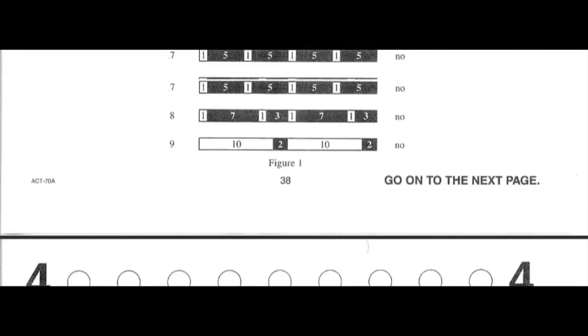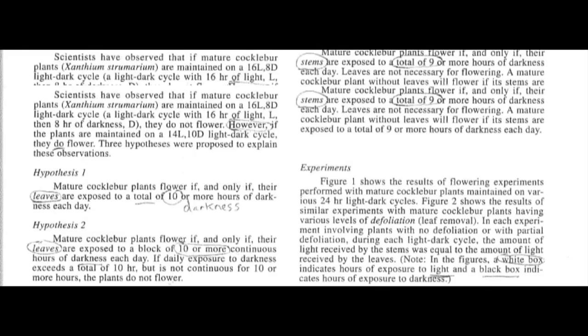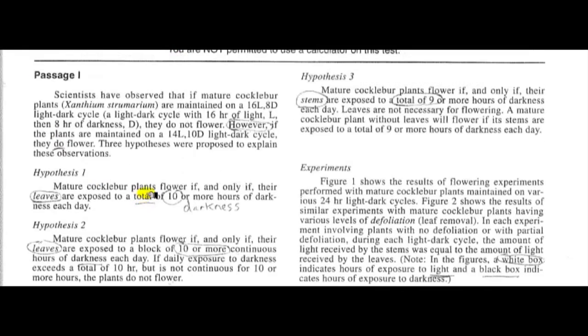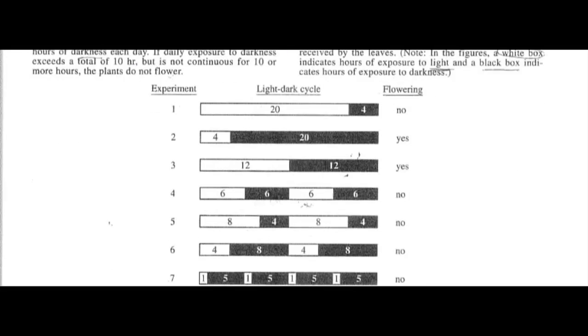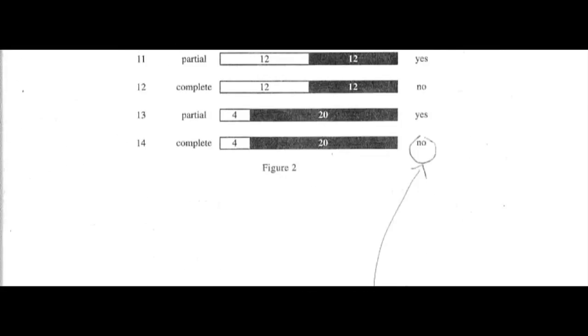Remember, in hypothesis 1, it said, mature cocklebur plants flower if and only if their leaves are exposed to a total of 10 hours or more of darkness. So we're looking for something that does not work. We're looking for something that is not a total of 10 hours when we go into problem number 5.